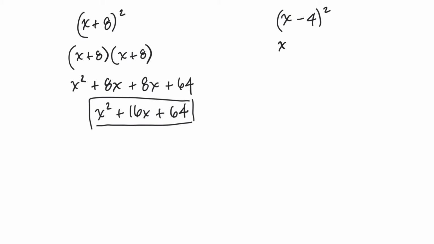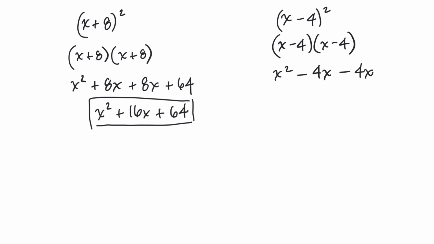So I've got x minus 4 times x minus 4. Again, I'm just going to run through this, and we've got x times x, which is x squared. And then we have minus x times 4, which is 4x. And then again, we'll have a minus, and that'll be 4 times x, which is also 4x.